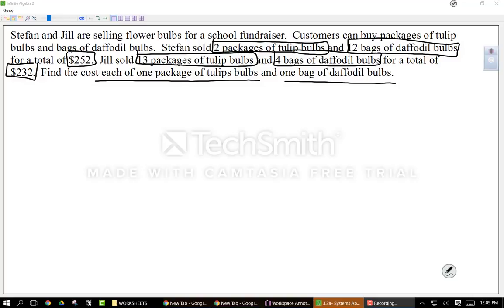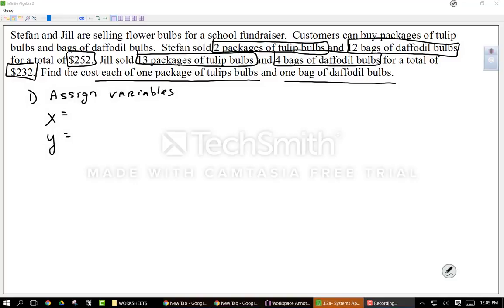So a couple different things. One is I'm going to assign variables. That's the first step. We're going to choose 2 variables. I like to always use x and y. You can use whatever variables you choose as long as you assign what they mean.